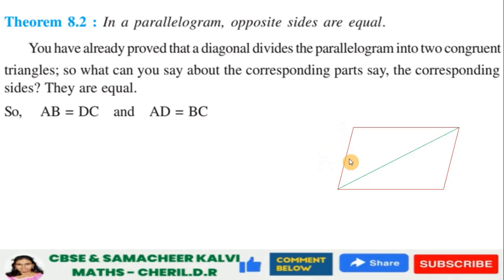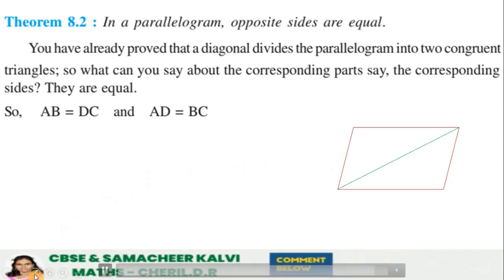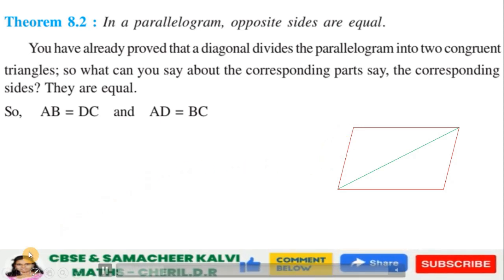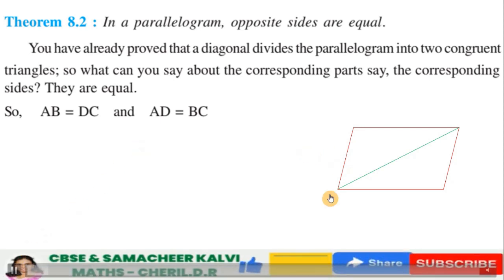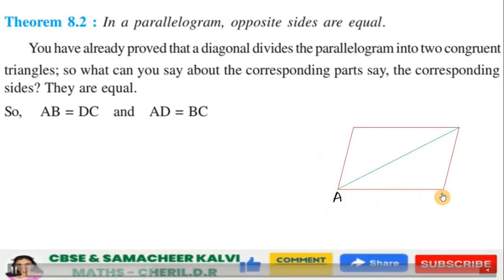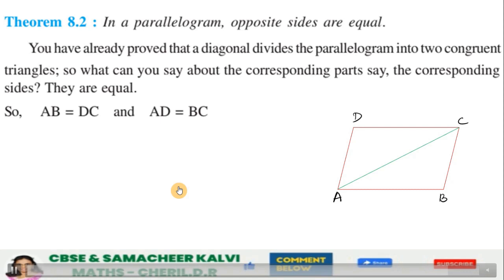These are the two congruent triangles here, isn't it? From those two congruent triangles, we were able to prove that AB and CD are equal. So from that we got this data. Are you able to understand this?